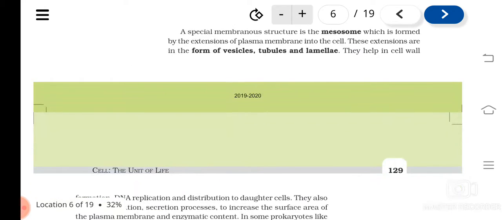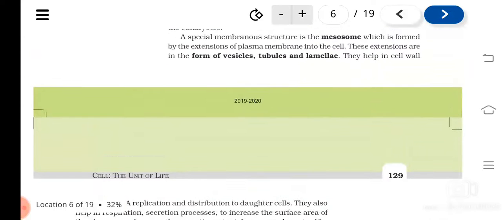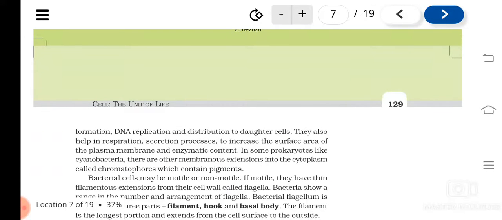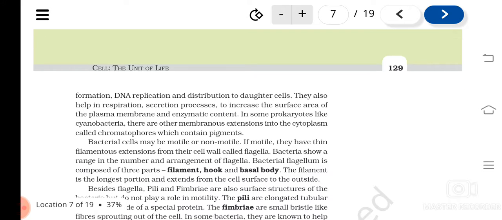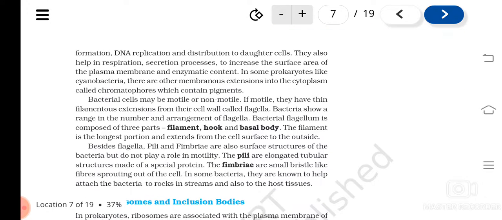Then their functions are what? They help in cell wall formation, DNA replication, distribution to daughter cells, respiration, secretion, and to increase the surface area of the plasma membrane. Understood? So likewise different functions mesosomes do, and the cells may have some extensions, which help them to move or to get attached to the substratum.